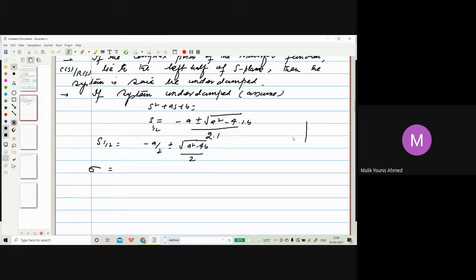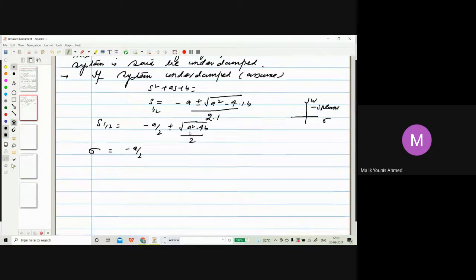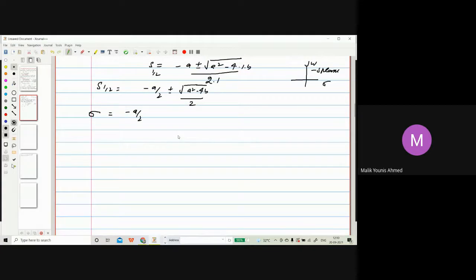In the S-plane we have sigma and the imaginary axis. So sigma will be equal to minus a by 2, the real part. The imaginary part is responsible for the frequency of oscillations.